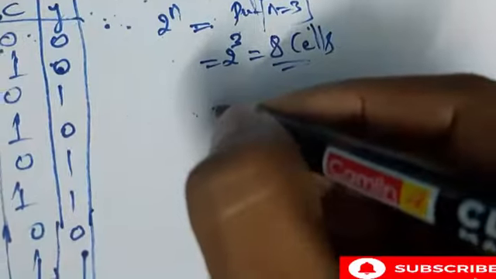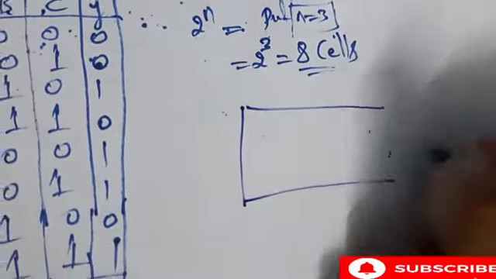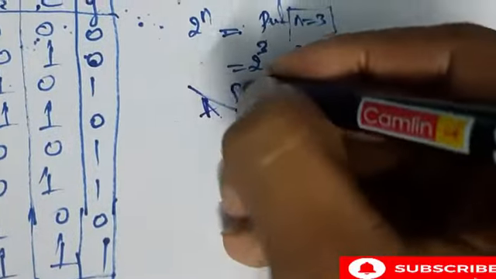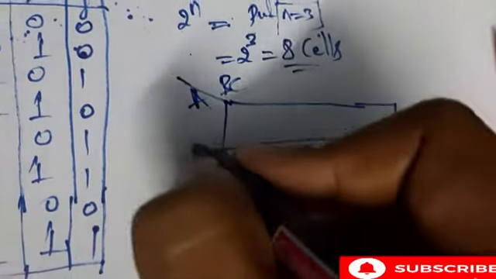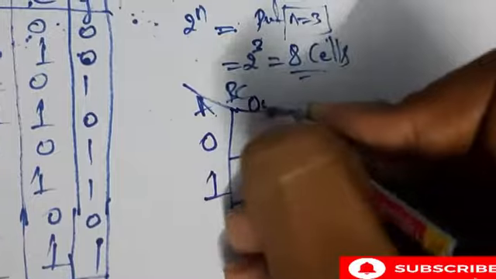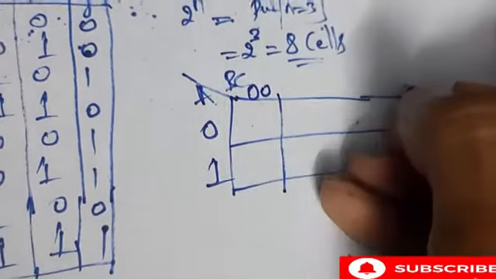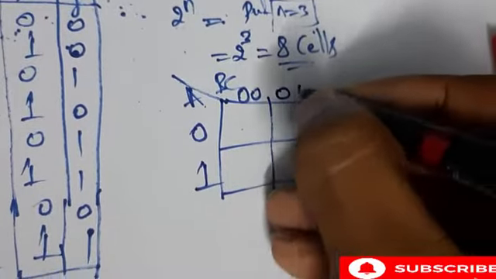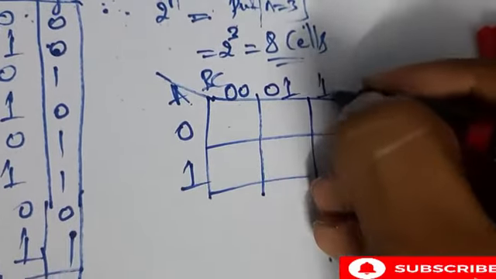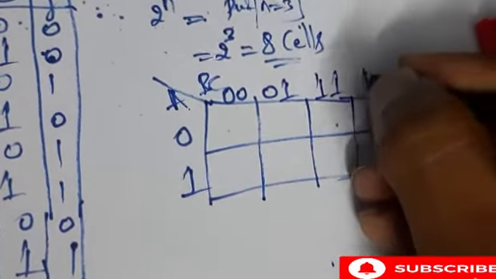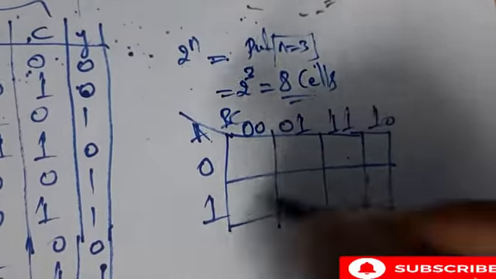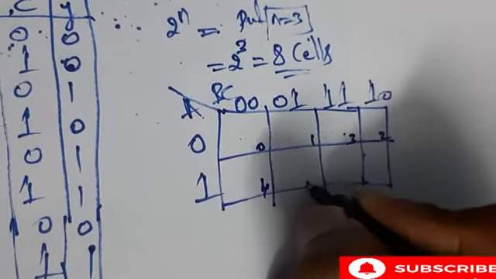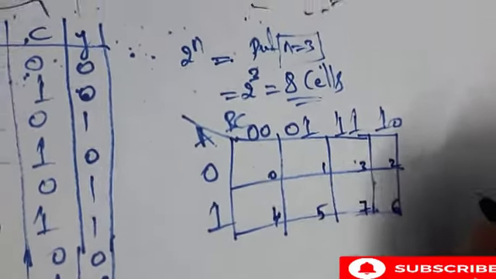Here A, B, C. This will follow the gray code sequence, right? 0 0, 0 1, 1 1, 1 0, and the minterms numbered 0 1 2 3 4 5 6 7.